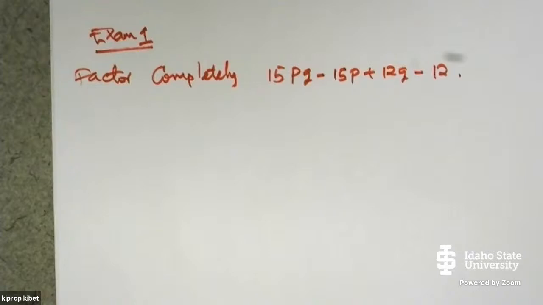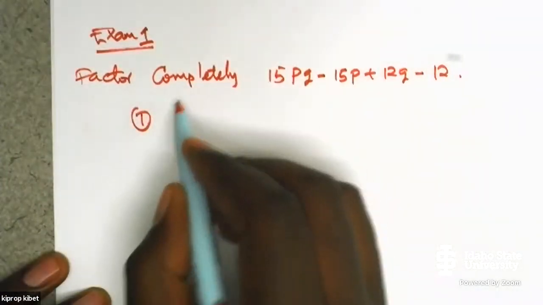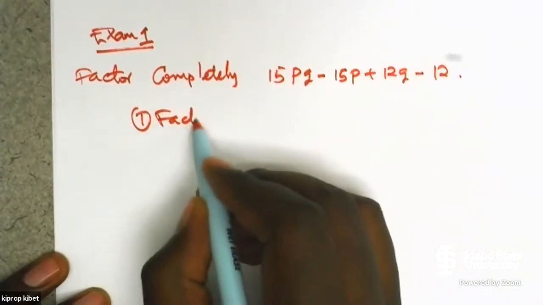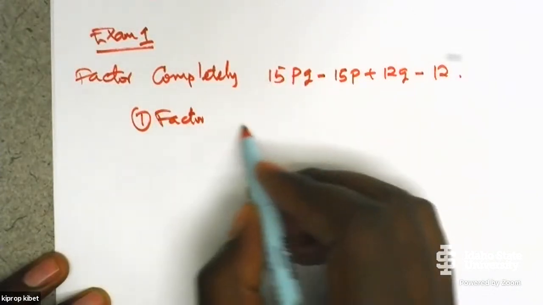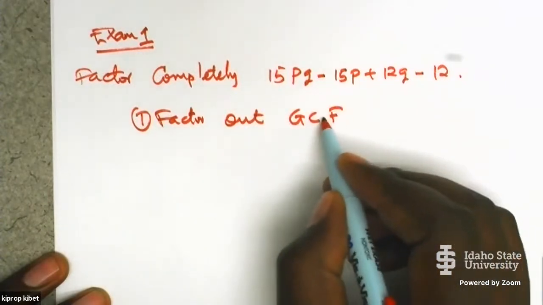We can factor out 3, right? So that is the first thing. Step number 1, factor out the greatest common factor.